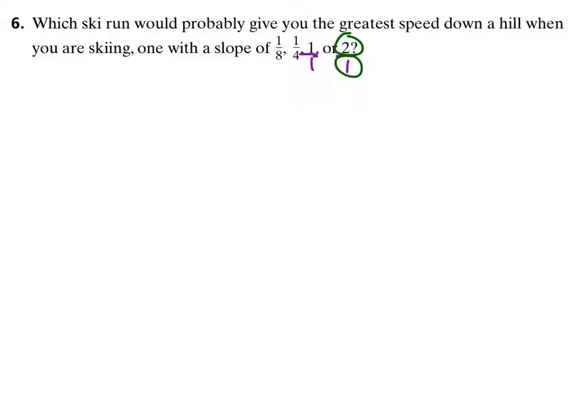Now 1/8 on that one is actually going to be the least steep because the rise is 1 and the run is 8. So you have a long run before you have any rise on that slope.